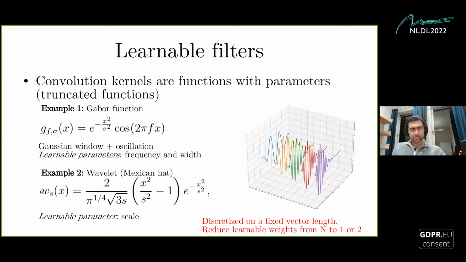So you have two parameters to learn for this function, instead of n, the size of the kernel. Of course the kernel has a size n. This function is continuous and goes from minus infinity to plus infinity, so we truncate it to have just n values centered in the kernel window.